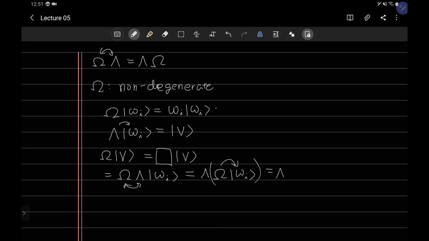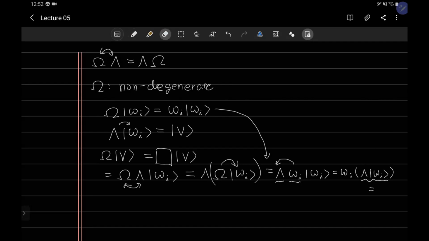Because of this relation, we can replace this one with omega times omega sub I. Now this omega sub I is a scalar, and this is an operator, so the scalar can move around. We can change the order of the scalar and the operator, in which case this will become omega sub I times lambda times the vector omega sub I. And we know that this is the definition of V.